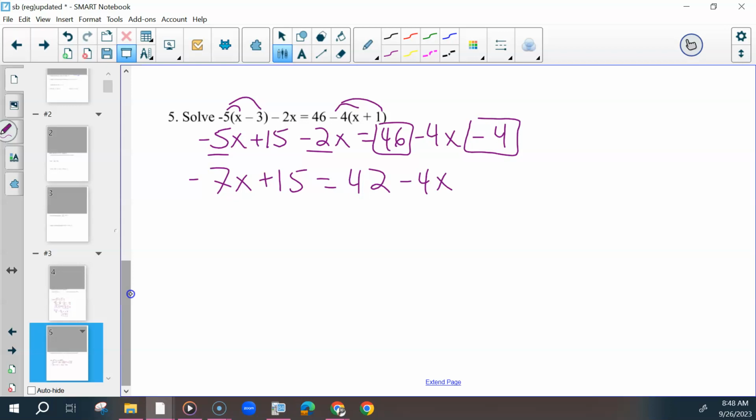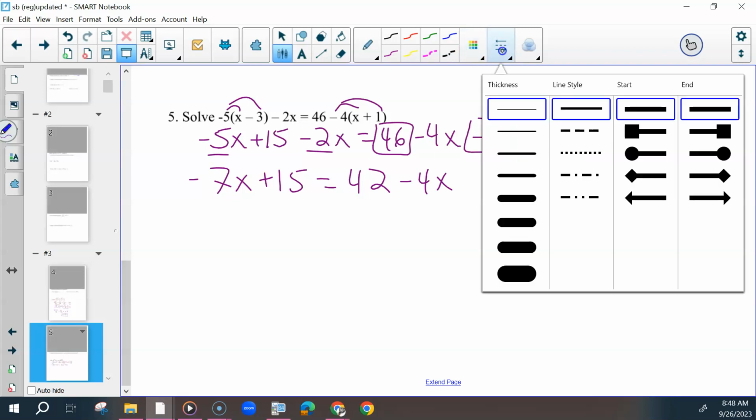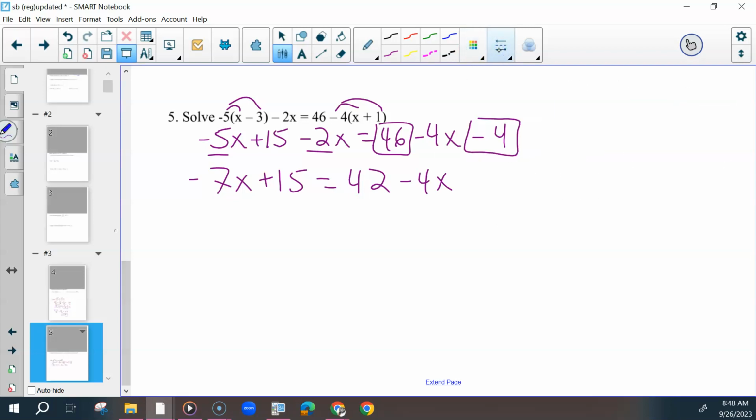If that's not what you did, don't erase. As long as you picked one of these and moved them correctly, you should get the same answer. So if we move 7x to the right, we would be moving 42 to the left. You could do that at the same time, or you could do them in 2 separate lines.